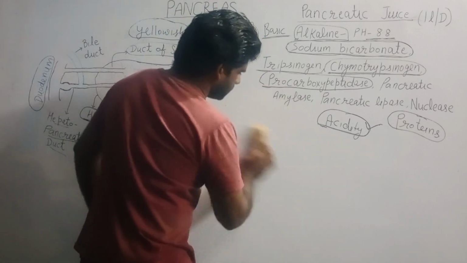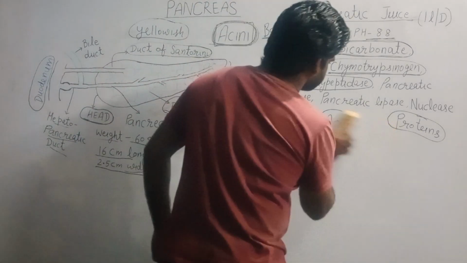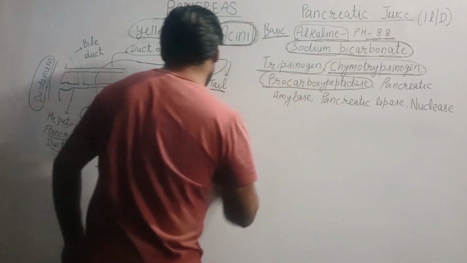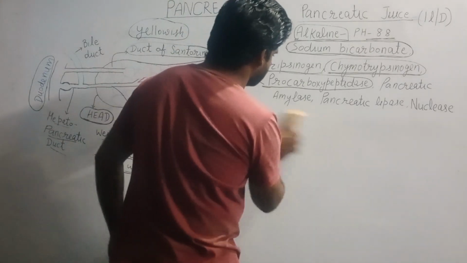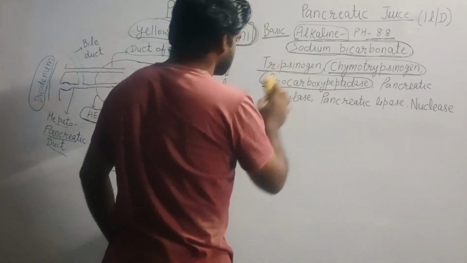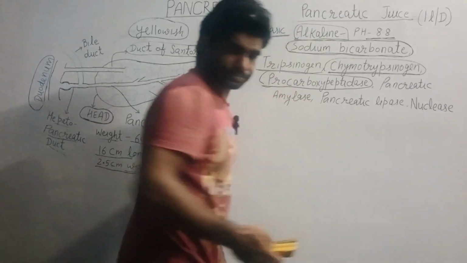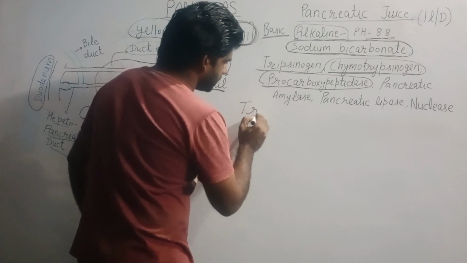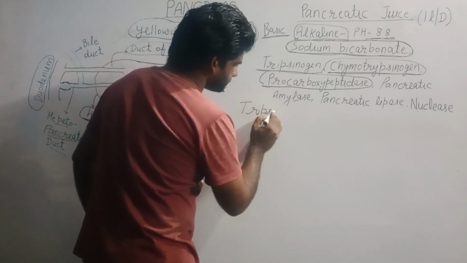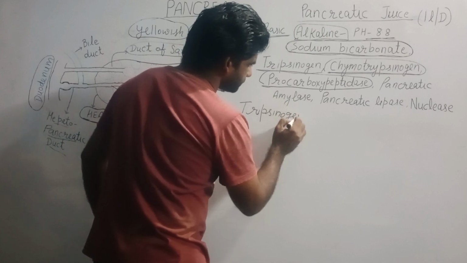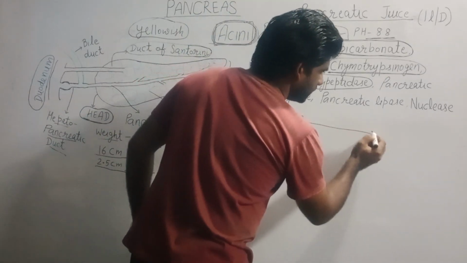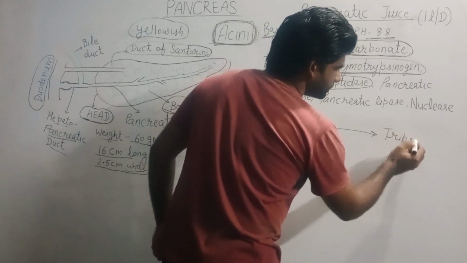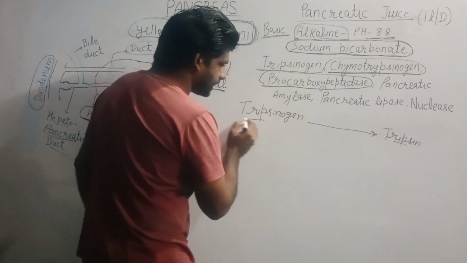First of all, pepsinogen is secreted in stomach. Here it is trypsinogen. Trypsinogen is converted into trypsin. This is inactive form.